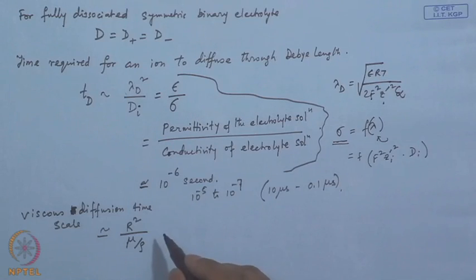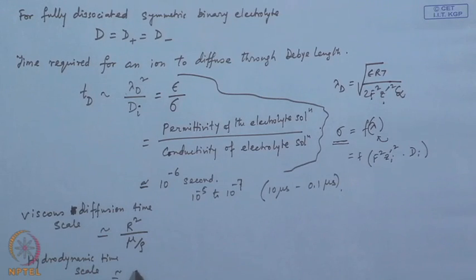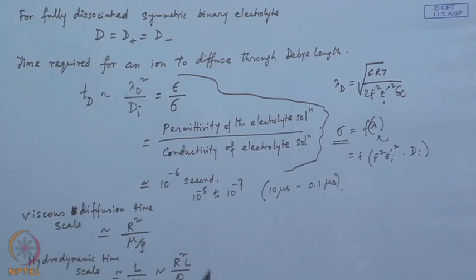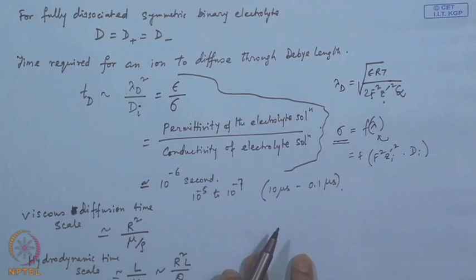Or if somebody wants to work with a hydrodynamic time scale, one can write it this way as well: L, the length, divided by u, the velocity, which is something like R square L by Q. Q is the flow rate, R is the capillary dimension. So that is also possible, this hydrodynamic time scale.